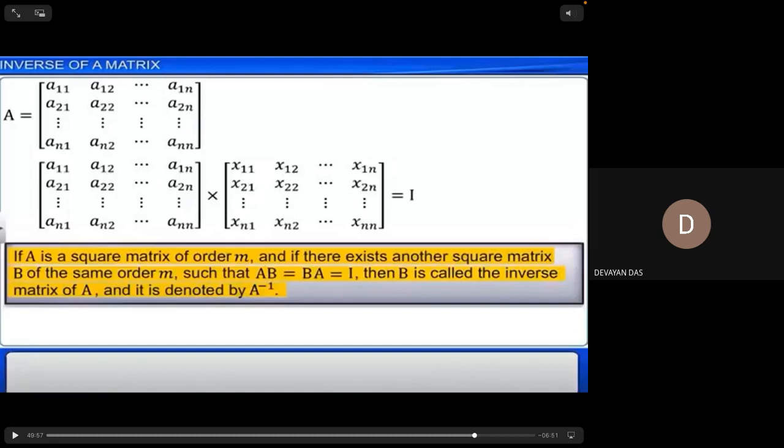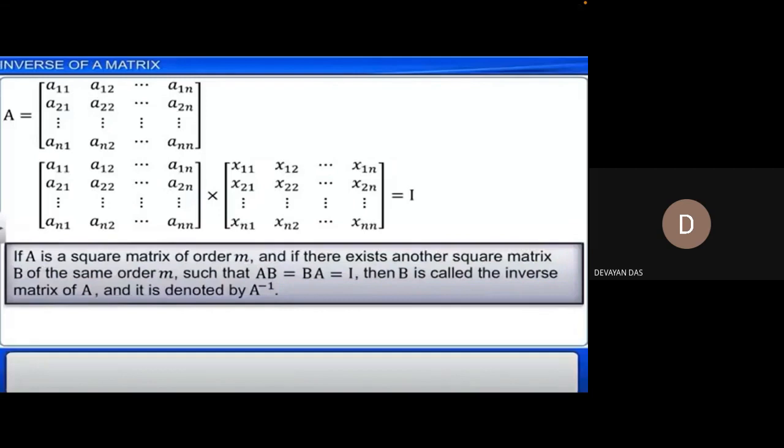So what is the multiplicative identity matrix? For 2 by 2 it is 1 0 0 1, and for 3 by 3 it is 1 0 0, 0 1 0, 0 0 1. Then B is called the inverse of A. That matrix B is called the inverse, denoted by A inverse.